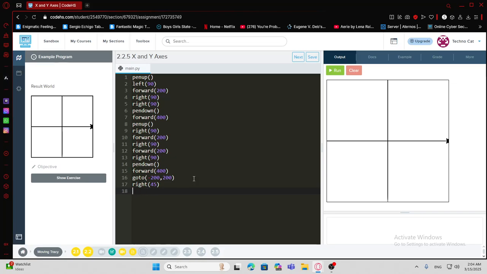No. Let me see how that looks first. Yeah, okay. So before that, we want the pen to be up, and then after, we're gonna want pen down. Yeah, there we go. Now we have the lines, and then we're gonna have her move forward by 400.